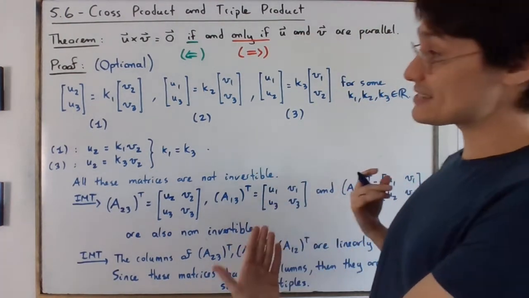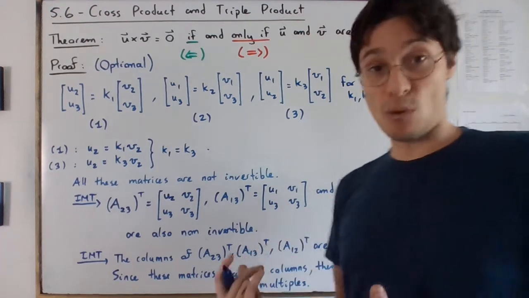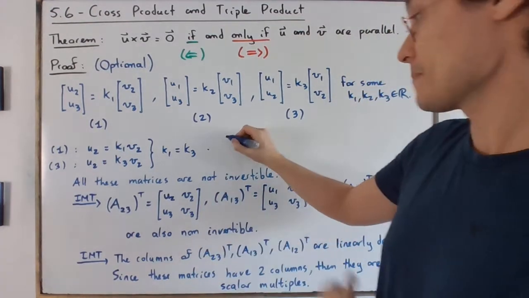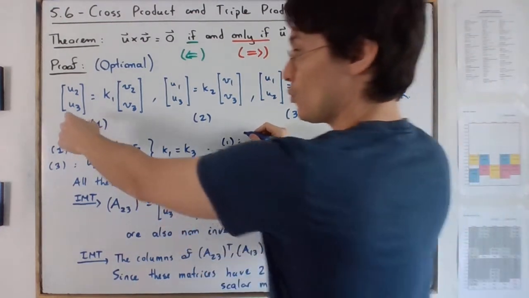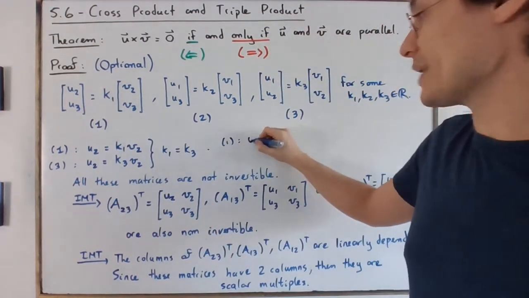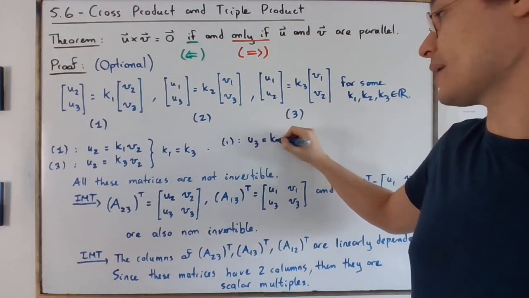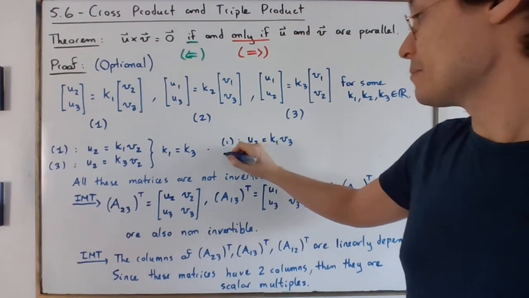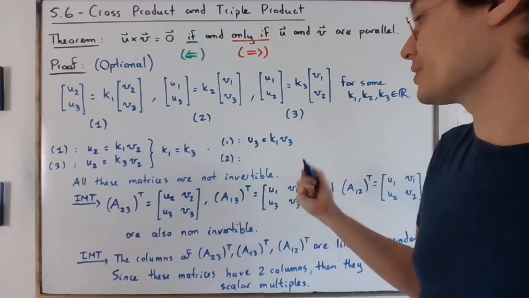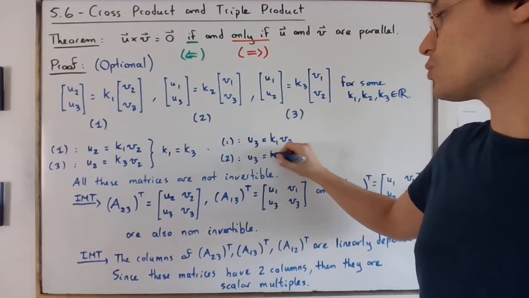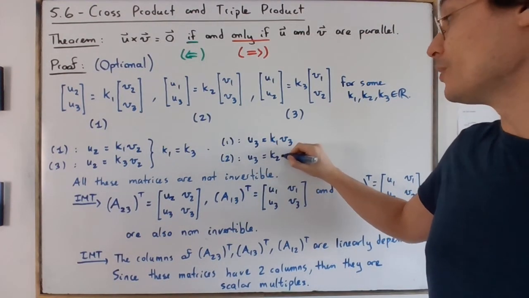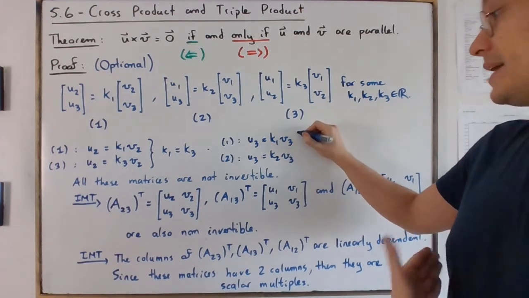We will use the same argument to prove that K1 is equal to K2. Look, from equation 1, let's read the second component now. We have U3 is equal to K1 V3, but from equation 2, we get that U3 is equal to K2 V3, okay?